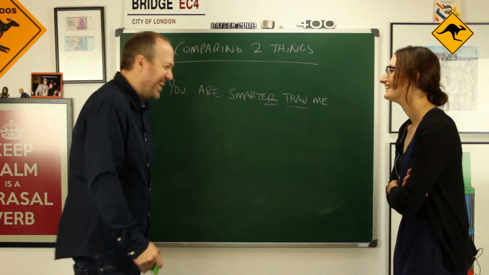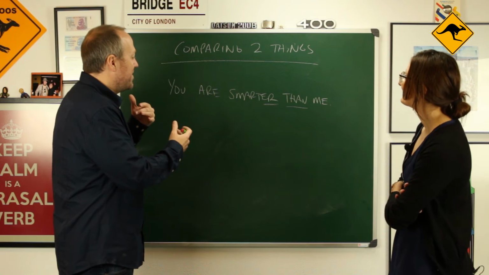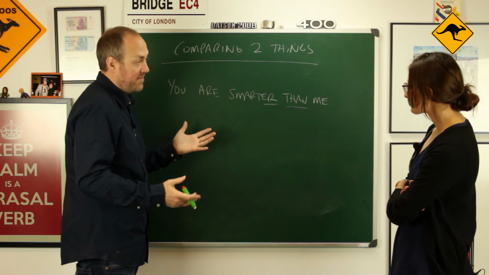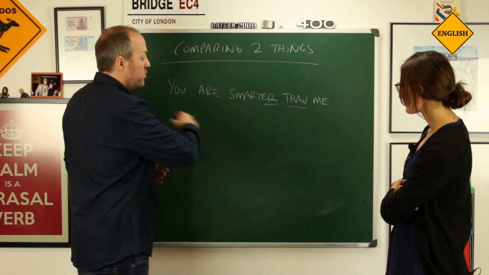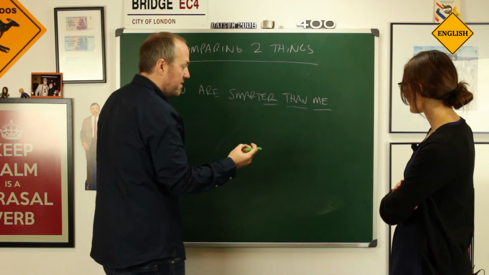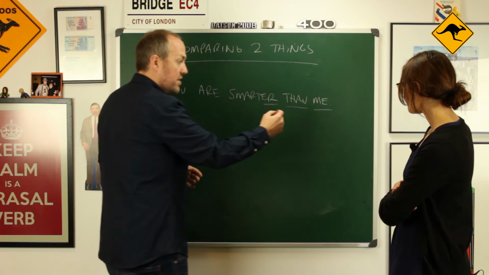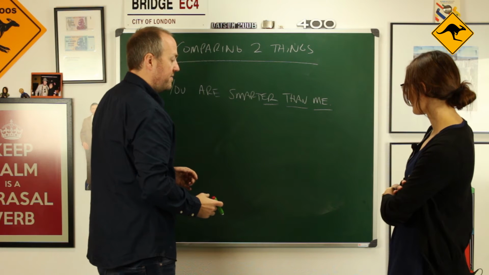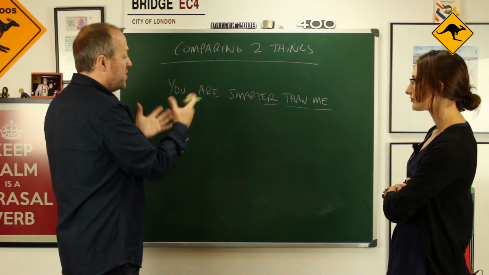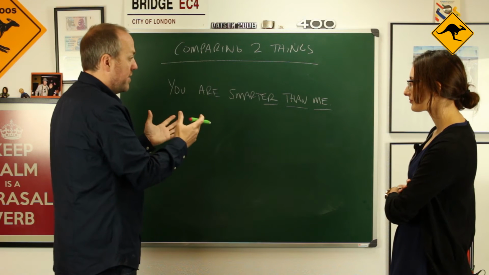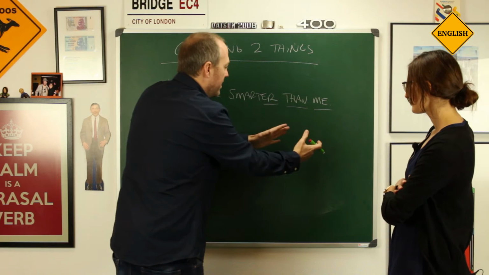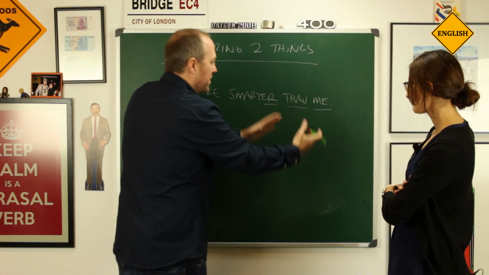One thing to remember, because the construction is very easy, is that this is the object position. So you can see here that we're using the object pronoun. Also, something interesting about all of these types of comparatives is that we need to have symmetry in the two halves of the comparison.